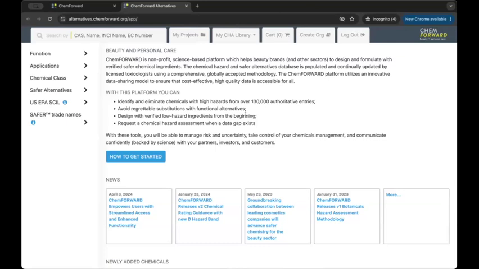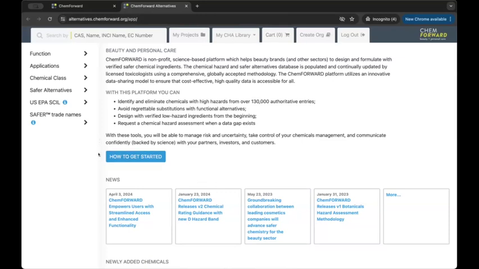This is probably our best built out vertical, just because, as you guys know, when you look on the back of your shampoo bottle, beauty personal care ingredients are fairly transparent. It is really easy to get that information as to what is in our products. So this is one of the reasons that we use this as our example here.